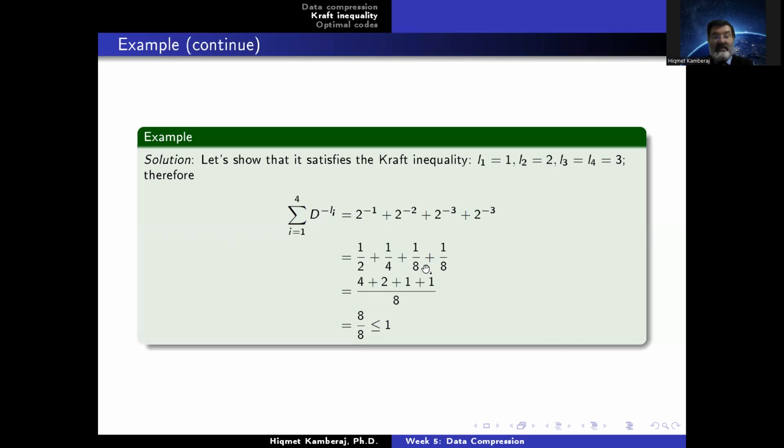Since D is equal to 2, this is 2 to the power minus 1, plus 2 to the power minus 2, plus 2 to the power minus 3, plus 2 to the power minus 3. Then this becomes 1 over 2 plus 1 over 4 plus 1 over 8 plus 1 over 8, or it is 4 plus 2 plus 1 plus 1 over 8, 8 over 8, which is less than or equal to 1. So Kraft's inequality is satisfied.